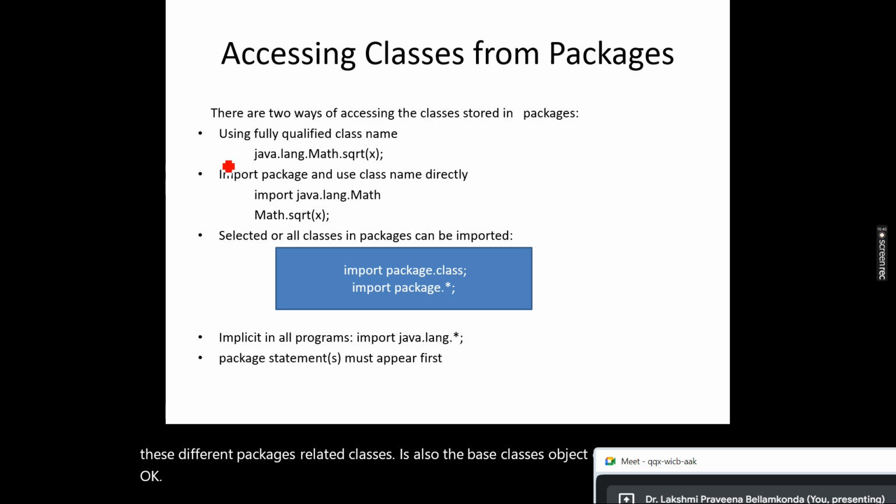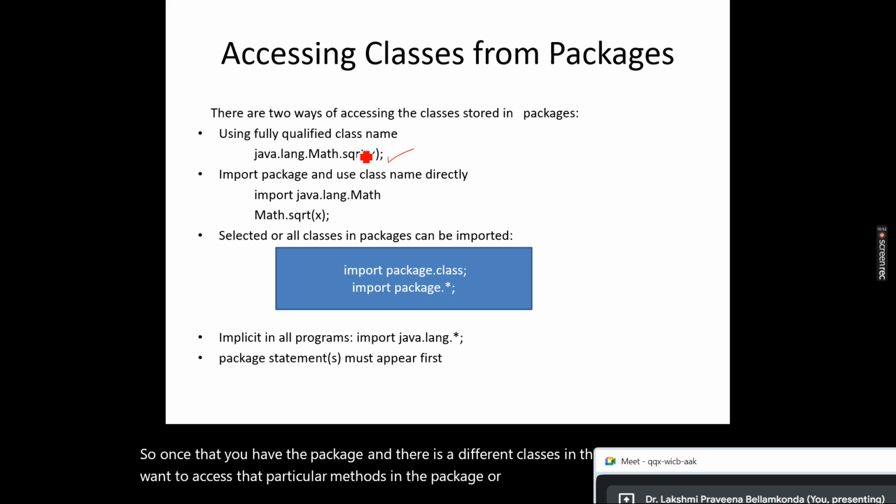Once you know that a package has different classes, and you want to access a particular method or one of the classes in the package, one way is to specify the complete path of the package.